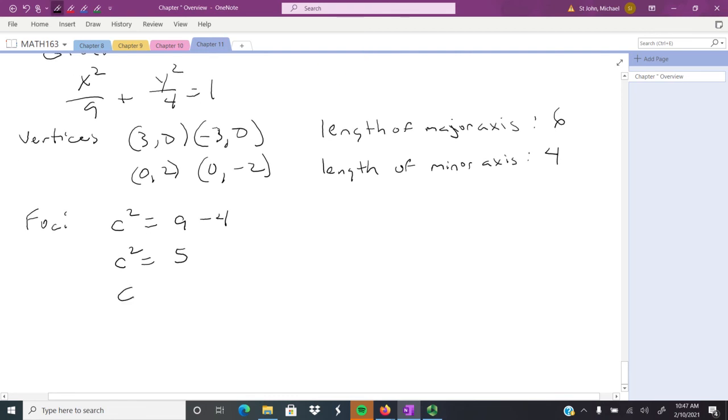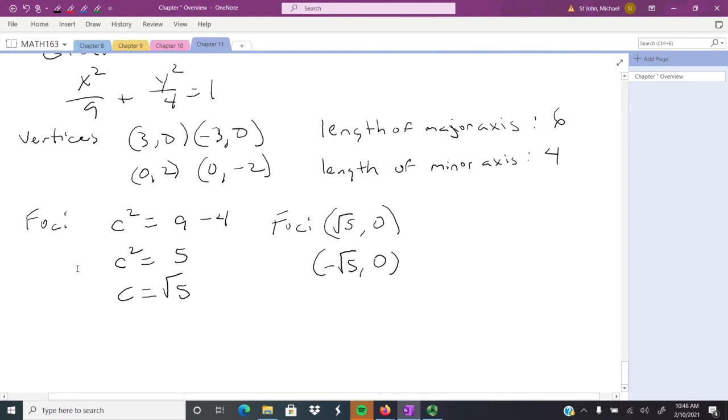So c is going to be the square root of 5. And so my foci are going to be at (square root of 5, 0) and (negative square root of 5, 0). So we get that.